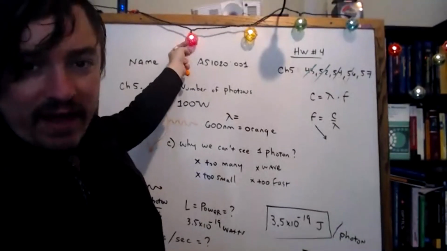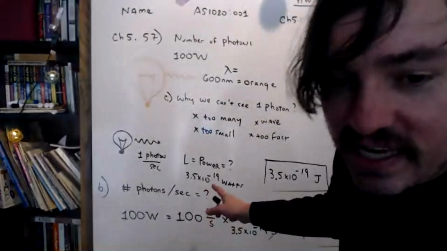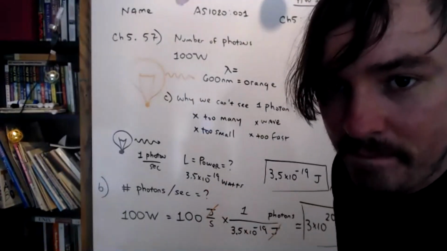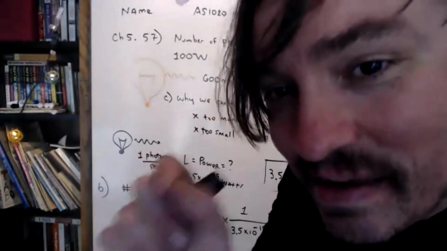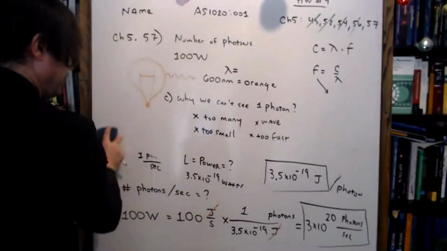Can I see a half a watt? Probably. Could I see a quarter of a watt? I think the dark adapted human eye can actually see down to like a millionth of a watt. Can you see 10 to the minus 19 watts? No, you can't. Because a single photon is too dim. It's too dim to be seen, not too bright.